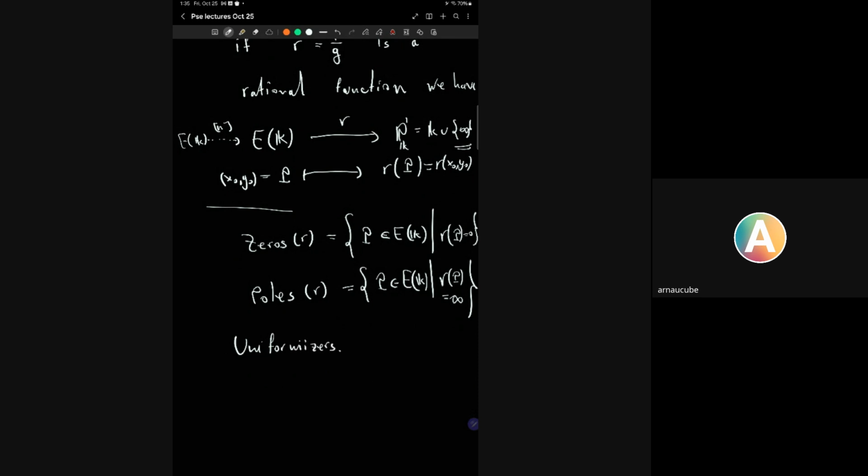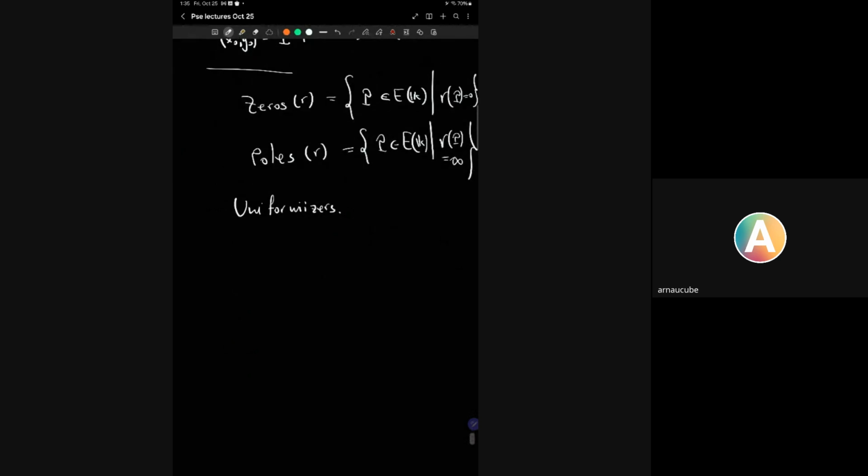So a uniformizer, let me see if I remember the definition. Say R is a rational function, and P is a point on the curve.